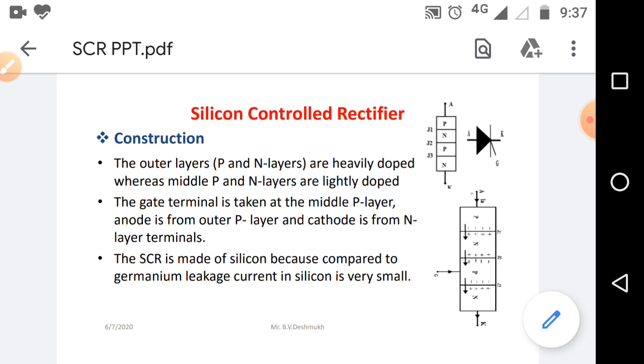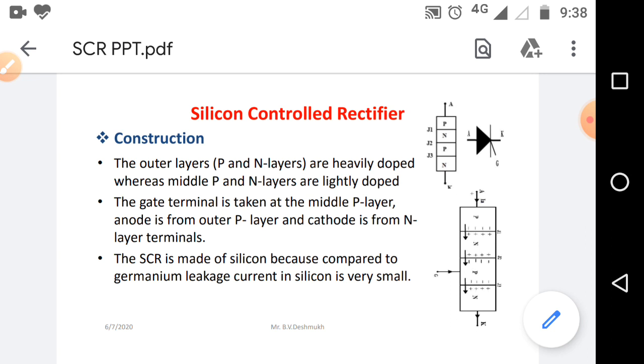Why? Because silicon has a small leakage current rating as compared to germanium. And the P and N-type semiconductors are arranged in alternate manner: first P, then N, then P again, and again N-type semiconductor.